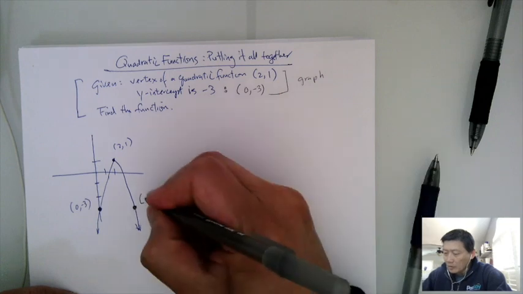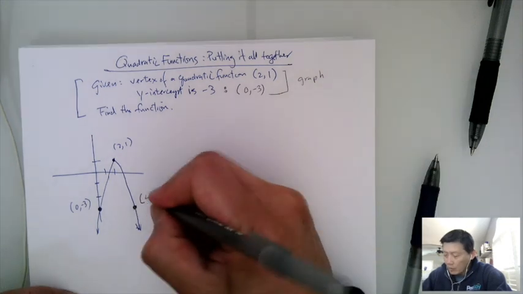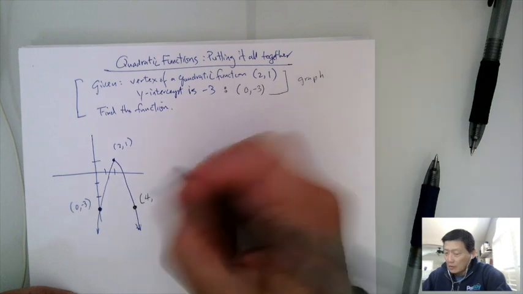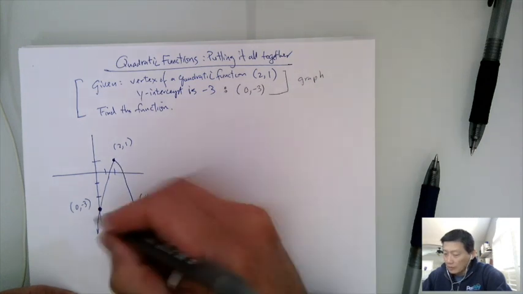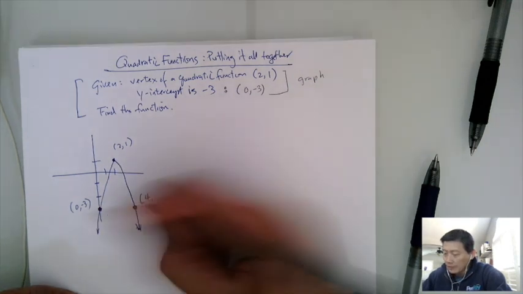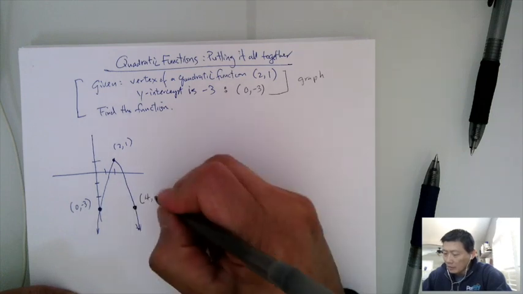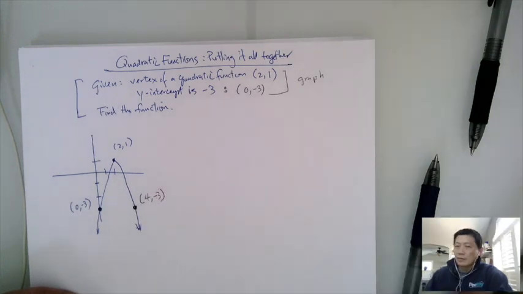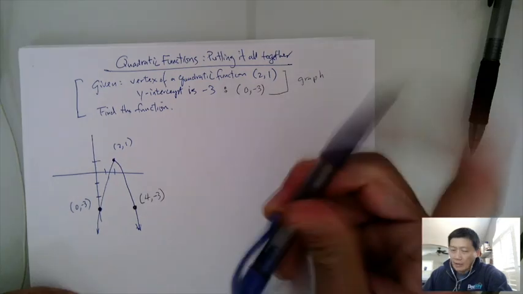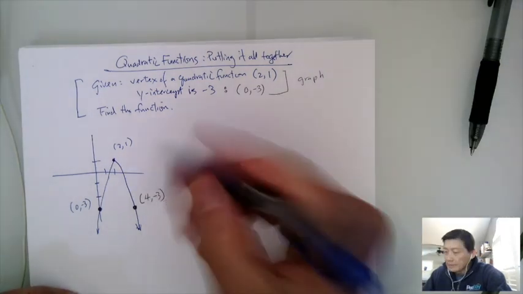So this must be 4 for the x value, and then the y value is the equivalent of the intercept. So it's (4, -3).